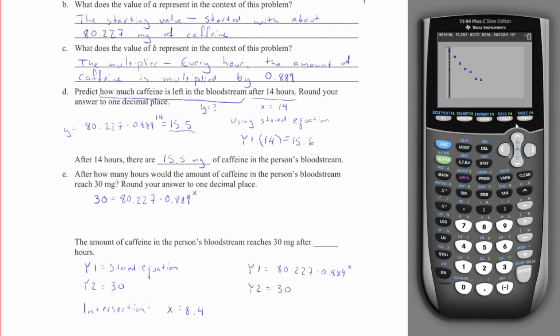And we don't need to change the zoom on our graph because this is going to be basically the same curve. We'll just get a slightly different answer. So again, second calc, select option 5, intersect. First curve, second curve, guess. And again, to one decimal place.